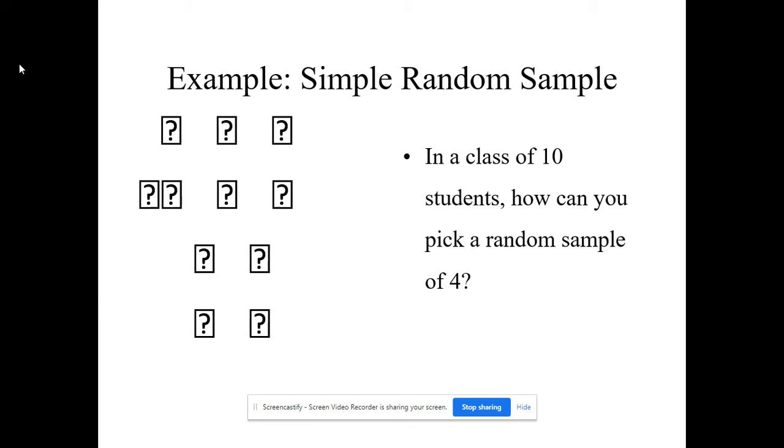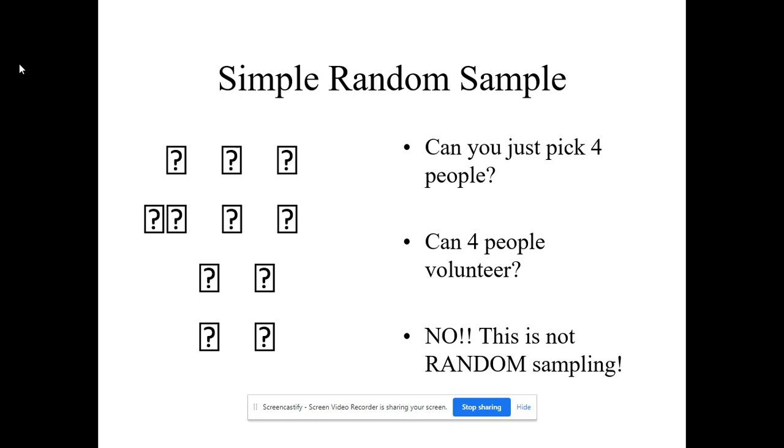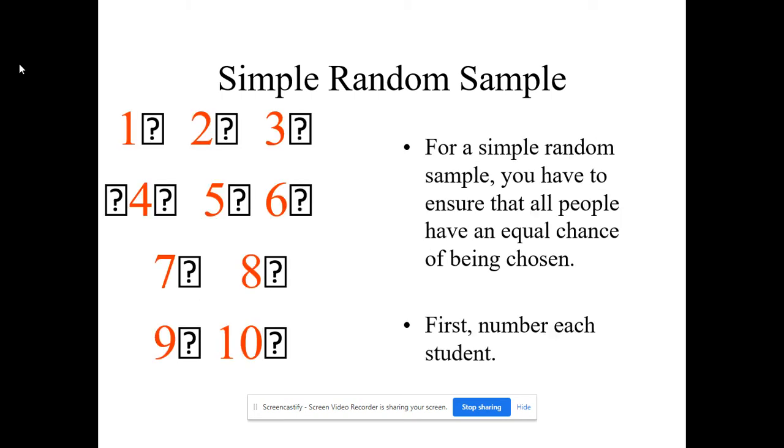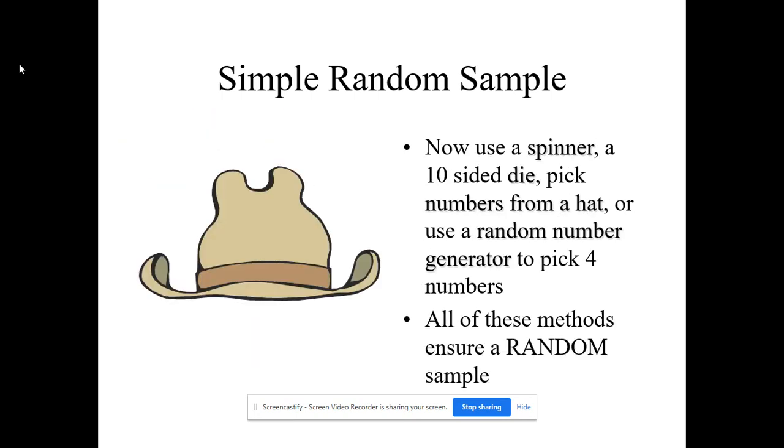I can't just pick the 4 sitting by the window because those might not be a representative or a random sample. So instead, what you need to do is have some kind of method to randomly pick students. It could be a 10-sided dice, or pick a number from a hat, or maybe a random number generated on a computer. That will ensure that everyone has an equal probability of being selected.